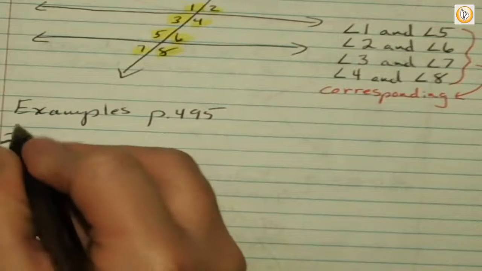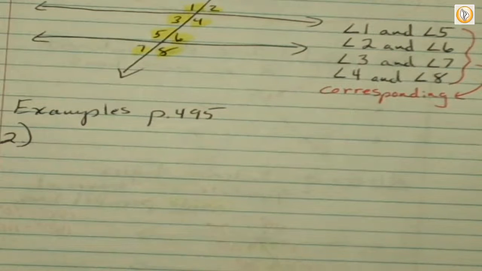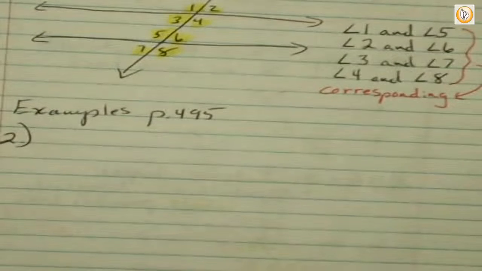So we're looking at number 2. Michaela, read the directions. Name all of the following found in the figure.